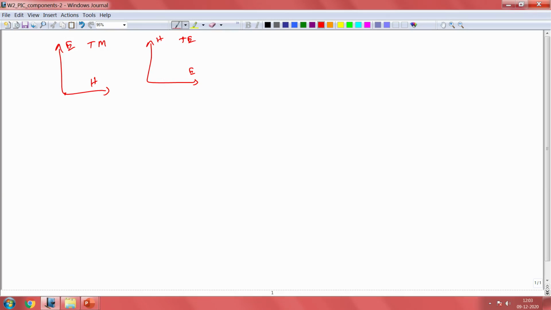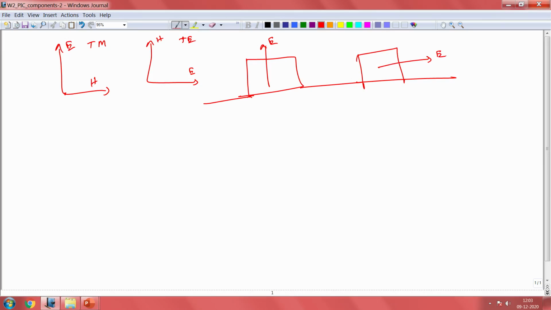When the light is propagating through a waveguide, so this is a very simple waveguide, you could have electric field this way or you could have electric field this way. This is TM and this is TE.